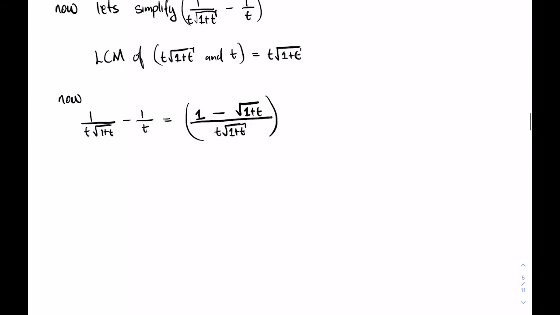Which now we'll ask ourselves, should we multiply by the conjugate of the denominator or should we multiply by the conjugate of the numerator? And because I am the mathematical expert here, I am going to tell you that what we need to multiply by is the conjugate of the numerator. Okay? So let's copy this down.